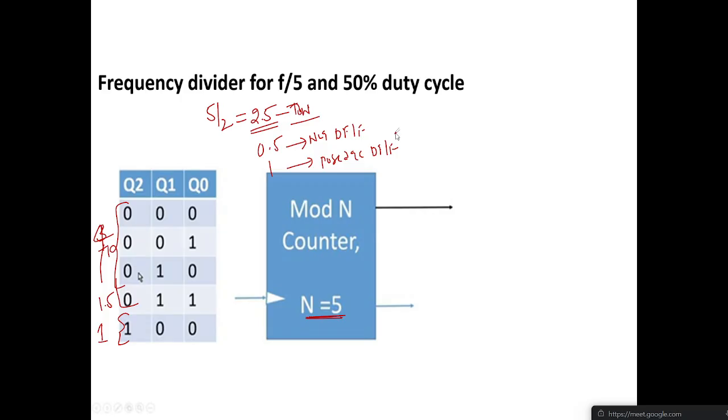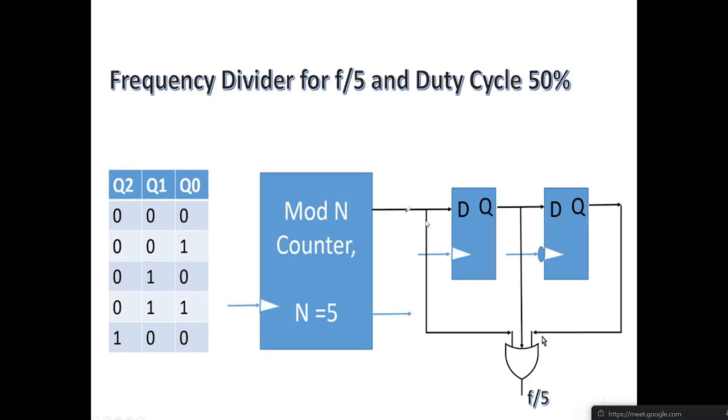Did you understand? So this is a positive edge trigger D flip flop, and here a negative edge trigger D flip flop. Is it fine?